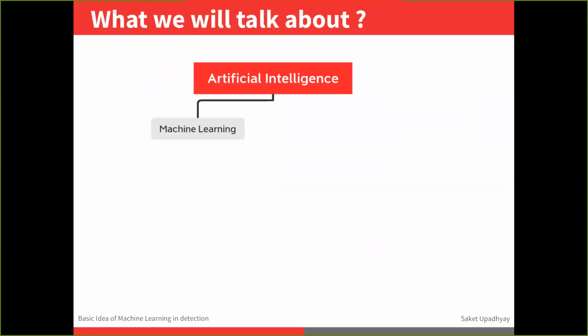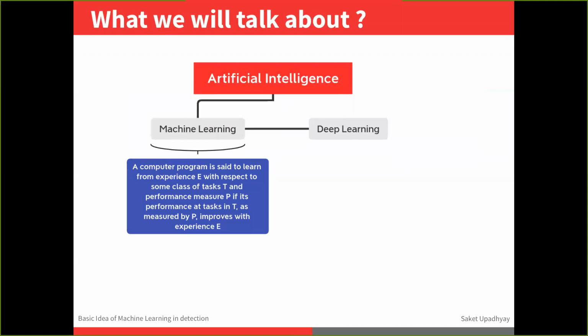So let's see. A computer program learns from experience E with respect to some task T. Suppose we give it the task to identify malware, and we have its actual answers, and we will train the model so that it will try to establish a relation between the answers and the questions. Suppose we say 2 plus 2, and we have the answer 4.